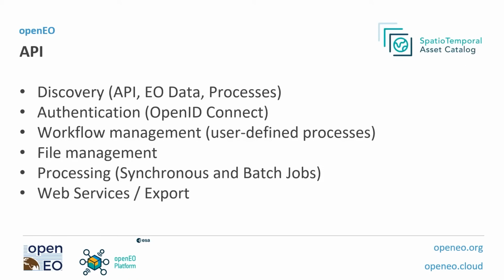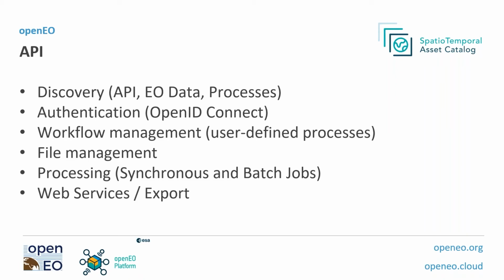So the API is covering a couple of things like discovery for the EO data and for the processes. It also covers authentication via OpenID Connect. With the predefined processes that we have, you can also define new, more complex user-defined processes and store them and reuse them again in another user-defined process.